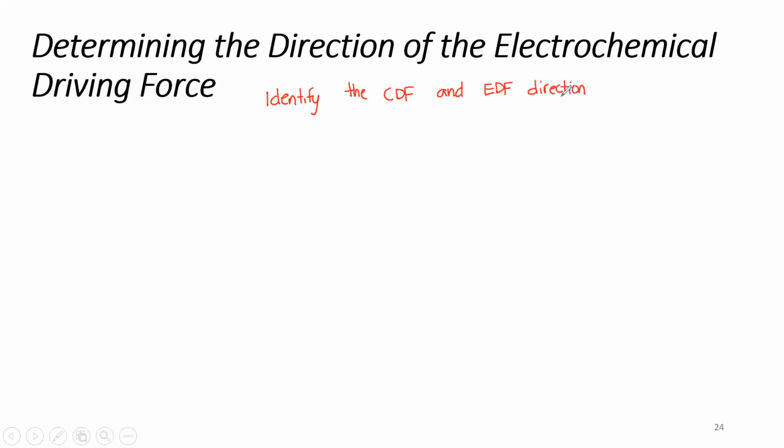Okay, so the first thing we want to see is whether or not the chemical driving force and the electrical driving force are acting in the same direction. So if they are in the same direction, that's going to be easy and straightforward. We kind of talked about that example. So the first scenario here is that the chemical and electrical driving force are in the same direction.